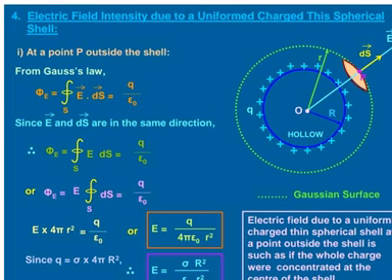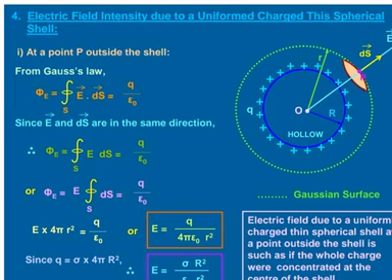As the angle is 0, you simply get E into the integral of ds over the closed surface S, and that you know is 4 pi small r square, because the Gaussian surface you have chosen is of radius small r. So E will be equal to Q upon 4 pi epsilon naught r square, and in terms of sigma, what you get?